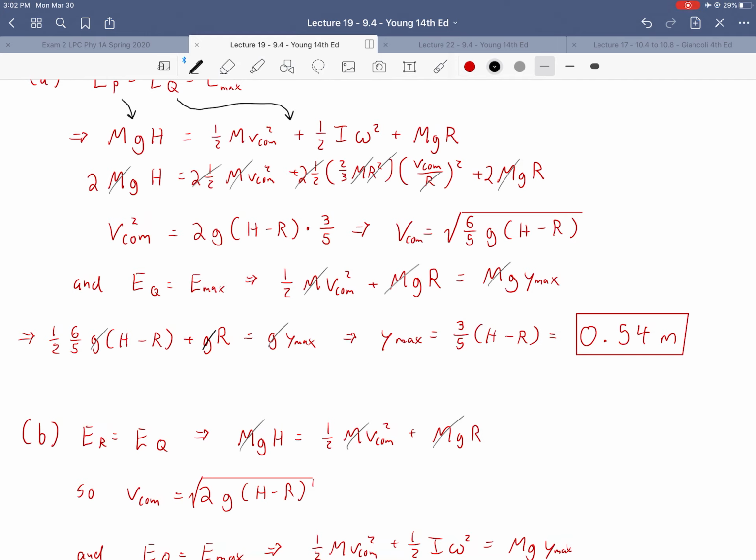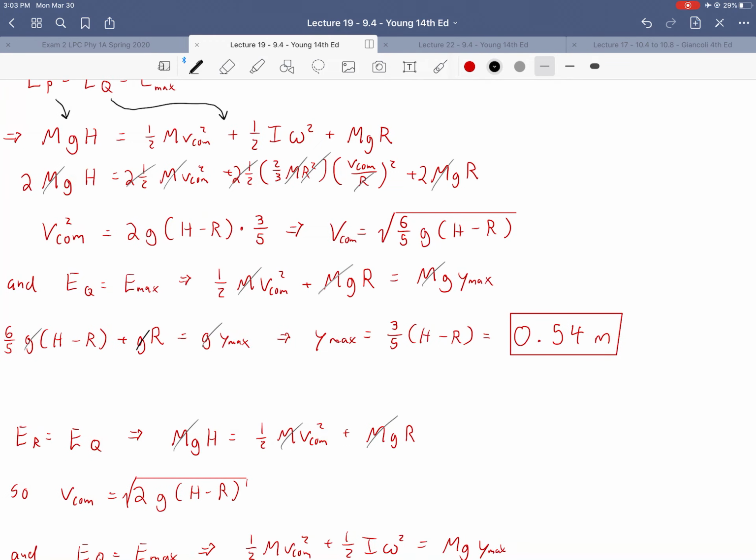Let's see, 3/5 times 1 is 0.6. Okay, so I guess it's plus R then. So if I take 3/5 times 1 plus 0.1, that's 0.66.